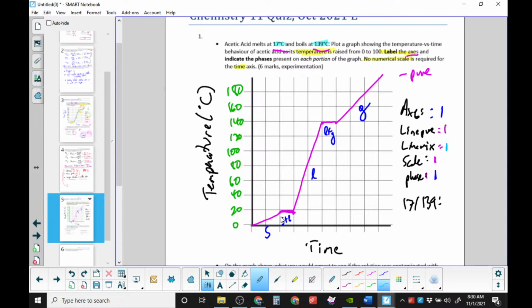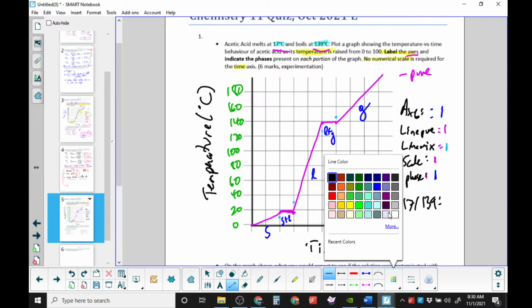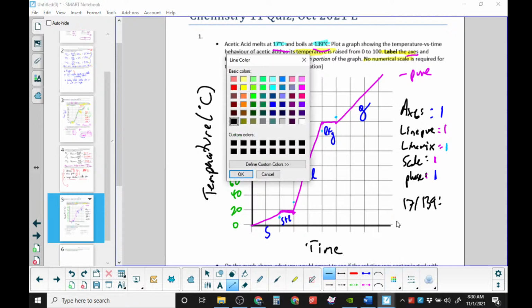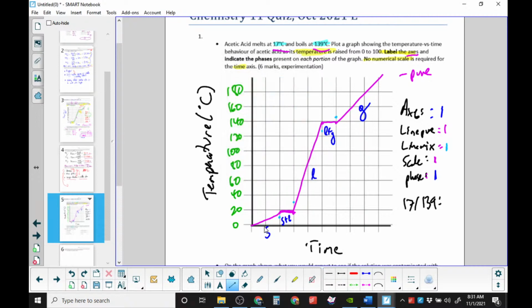You can shift this graph in any way you like, but what I'm looking for is that in both of these cases, and let me pick something like blue to mix that, we no longer have a plateau, but where a plateau would be, the slope is just slightly less. So mixtures don't have melting points, they have melting ranges.